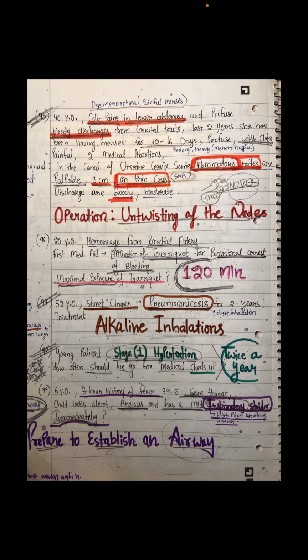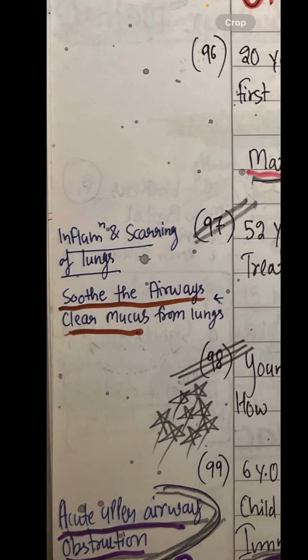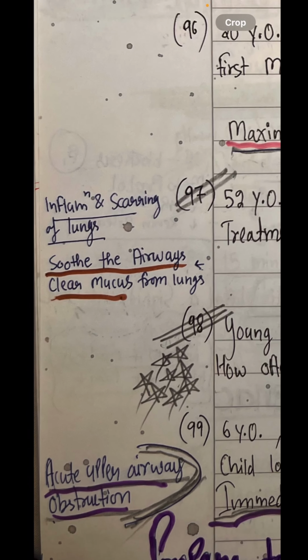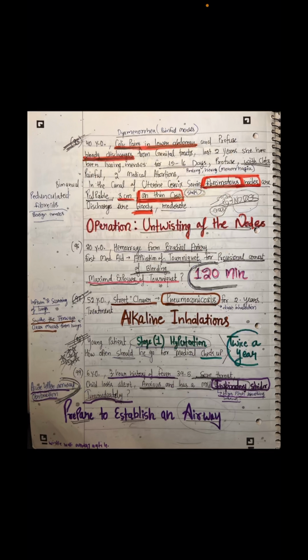So what treatment will you give? Sir, we can give alkaline inhalation to the patient, because this is a problem with inflammation and scarring of the lungs. Alkaline inhalations, for example, if you want home remedies to solve some sputum problem, you can inhale a little bit of baking soda, not the baking soda directly.